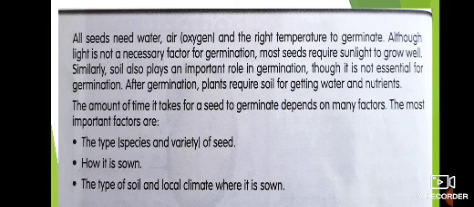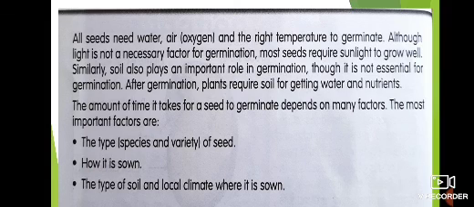If a seed is sown deep inside the soil versus at proper depth, which will germinate fast and grow? The seed that is provided proper depth will grow faster than the seed deep inside the soil. So the third factor is very important: the type of soil and local climate where it is sown.